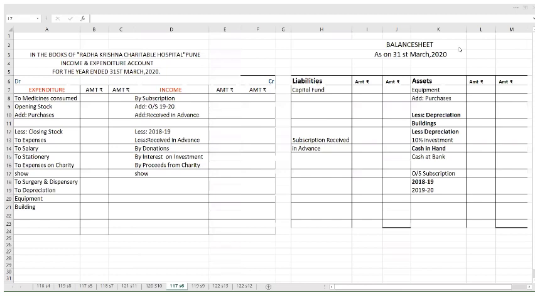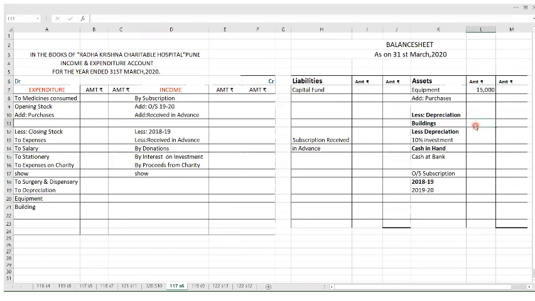So first we're going to transfer the additional information, opening stock, that is the fourth one. The estimated value of equipments is 15,000. We'll put the amount in the inner column because it has the adjustment. Then leave 3-4 lines.